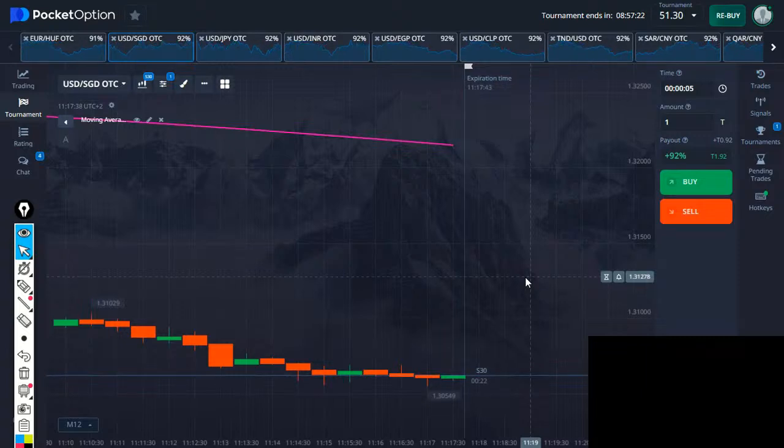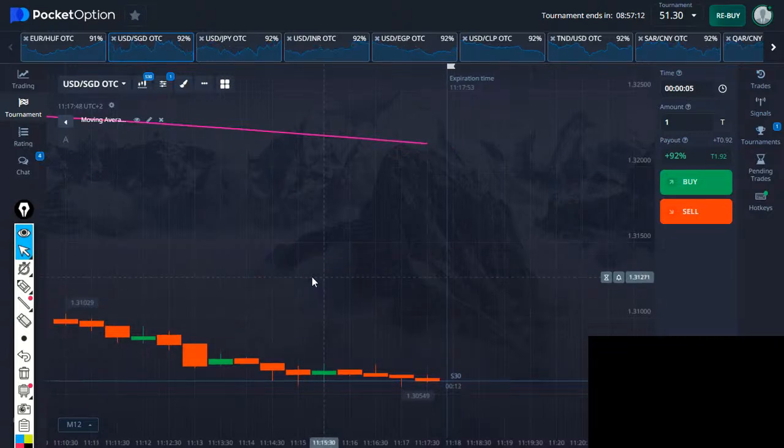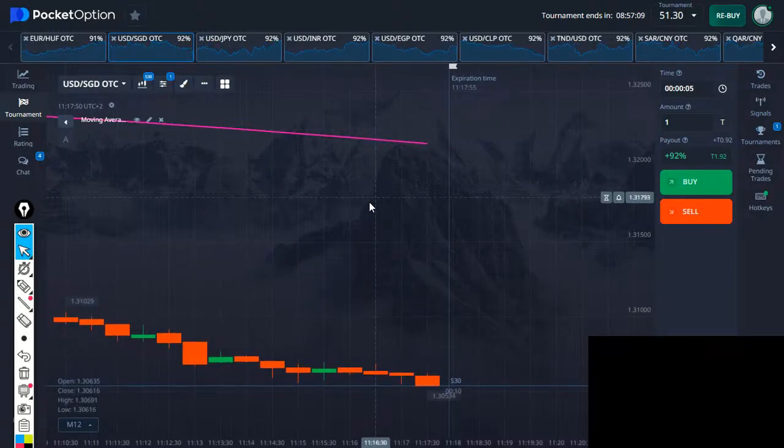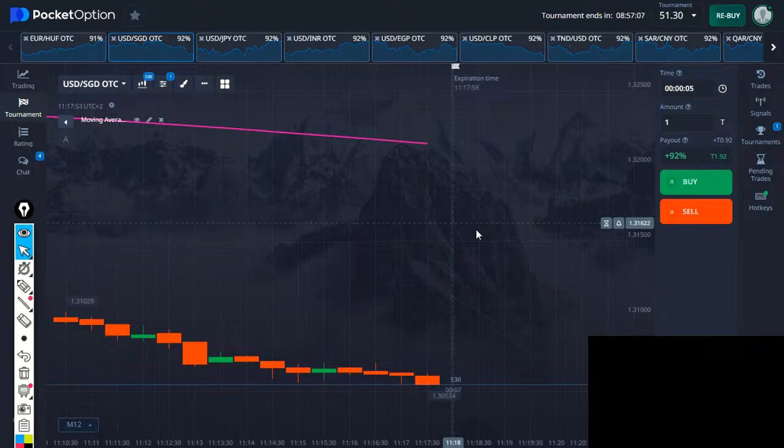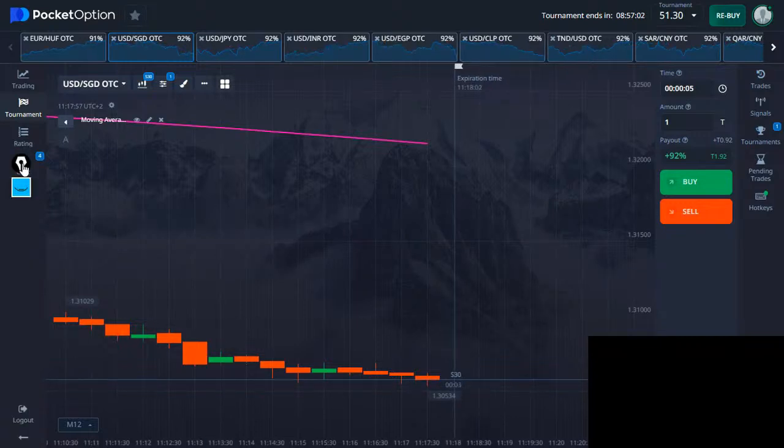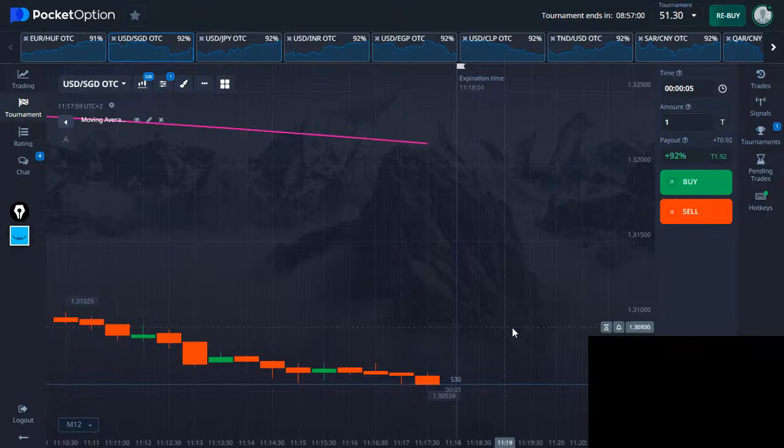Do you want me to go with green if it's green or red if it's red? So we stress test the strategy even further. Do you want me to do that? And remove the 200 moving average over here? It's up to you. I'll make it up to you in this case.